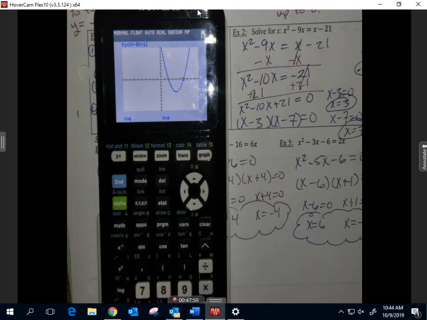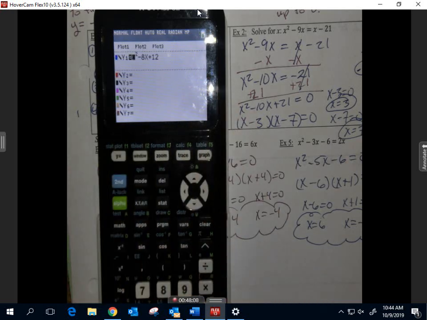Do you think there's ever a point where we'll have one value for x? Yes. Because what if it only hits the x-axis once?